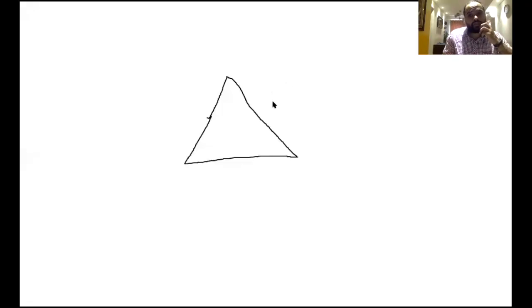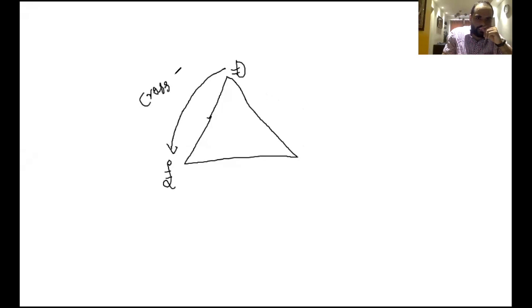Okay, so triangle, why do we call it triangle? Let's say you have Vietnam dong, and you want your position in pounds. So one option is you do that using cross rate, which is dong to pound. That is one option.